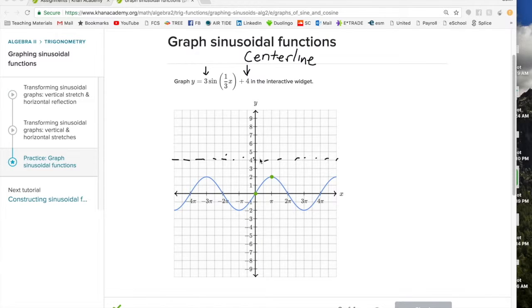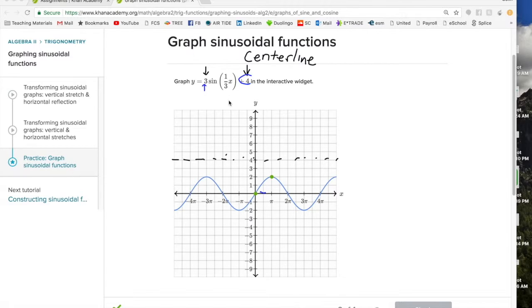Now, by default, Khan Academy gives us the tool with our center line on the x-axis. So we know we're going to move that up 4 spaces because of this number back here. We also know that our amplitude is 3. This distance is set to 2 right now, but we're going to move that to 3 in just a minute.